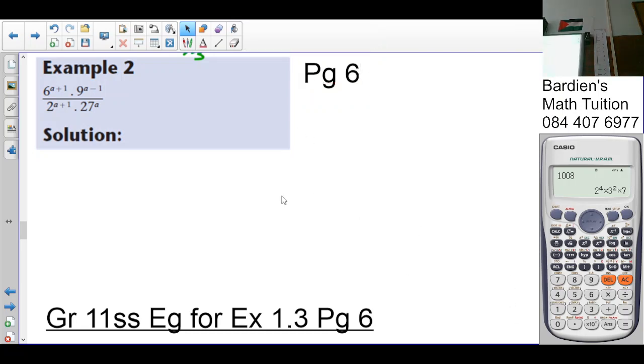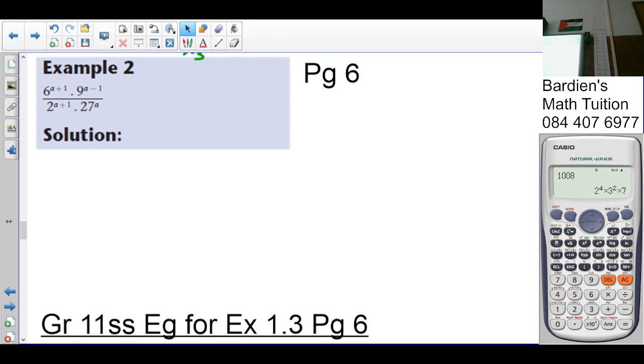Example 2 is on page 6. So what do we have to do first? Break the bases up, yes, into products of their prime factors. So 6 can be written as 2 times 3, raised to the exponent a plus 1.